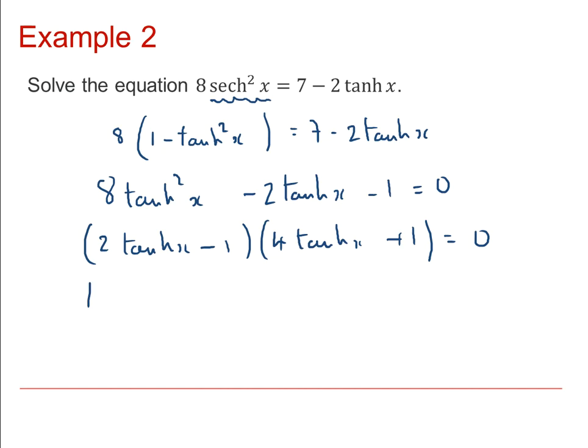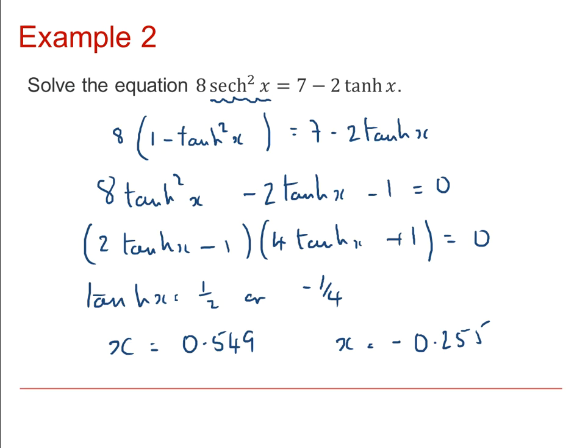So therefore tanh x equals 1/2, or it's equal to negative 1/4. Then using either your calculator again or the definitions of the inverse functions from your tables, that produces x is equal to 0.549 for the first one, or x is equal to negative 0.255 for the second one.